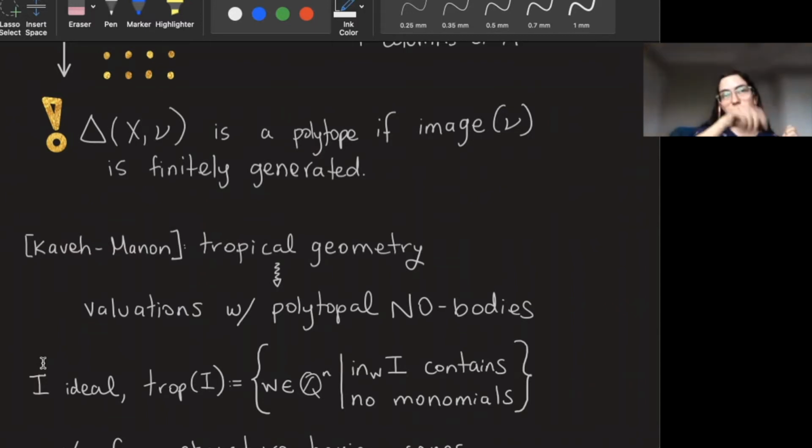For each exponent corresponding to a non-zero term, you take the dot product of that with W, you look at the minimum, and all the terms that attain that minimum are the terms that you add up to get the initial form of your polynomial.